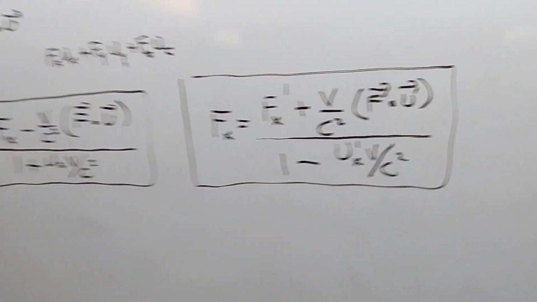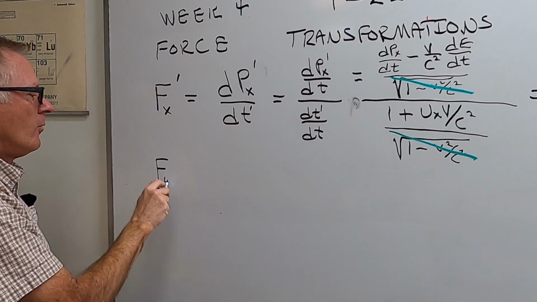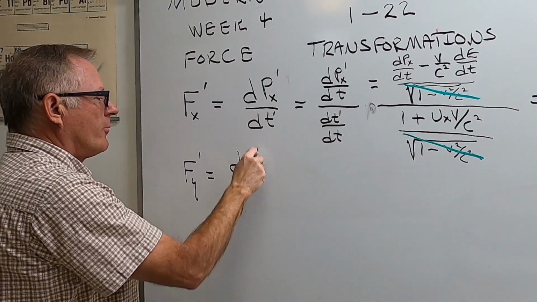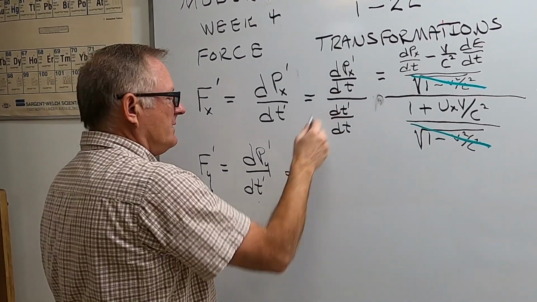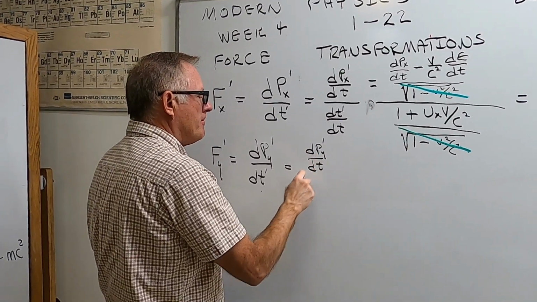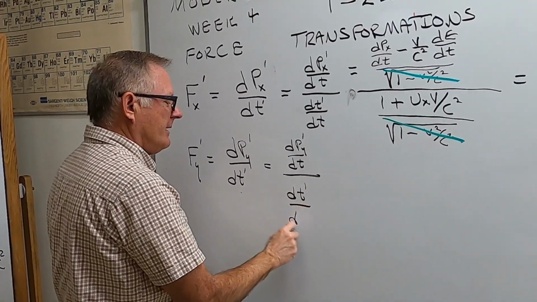Now we need to get F and the y. Fy prime, which is dpy prime dt prime, which is dpy prime over dt, over dt prime over dt.